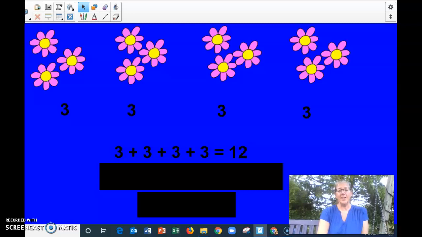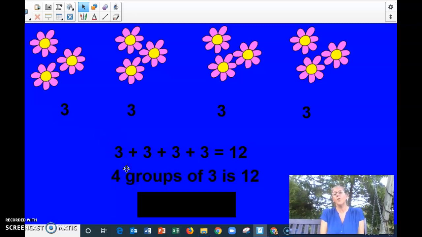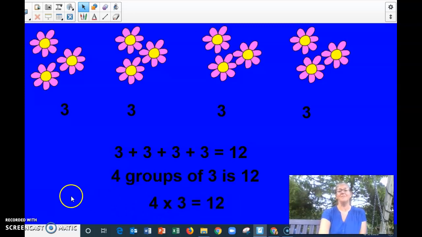What we're really looking at, if we write it out, is 4 groups of 3. And we know from our repeated addition that 4 groups of 3 is 12, because we had 12 total flowers. Are you ready for this? We could write that as a multiplication equation, and it would look like that.